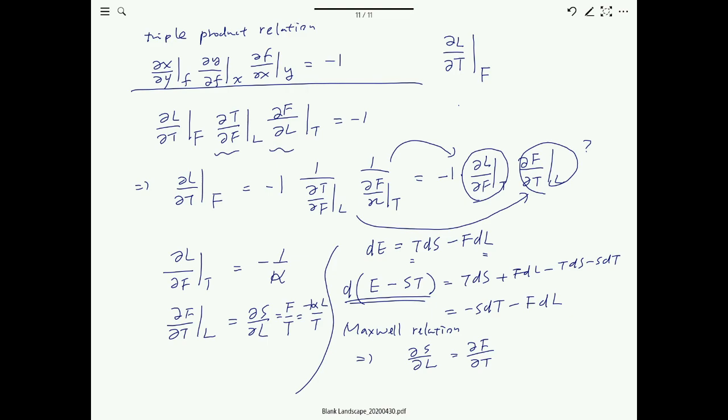So from those two, if I plug in, then basically I find minus L divided by T. So it's a negative number. That means if I heat up the rubber band, it's going to contract. So those two are the rubber band simple model.